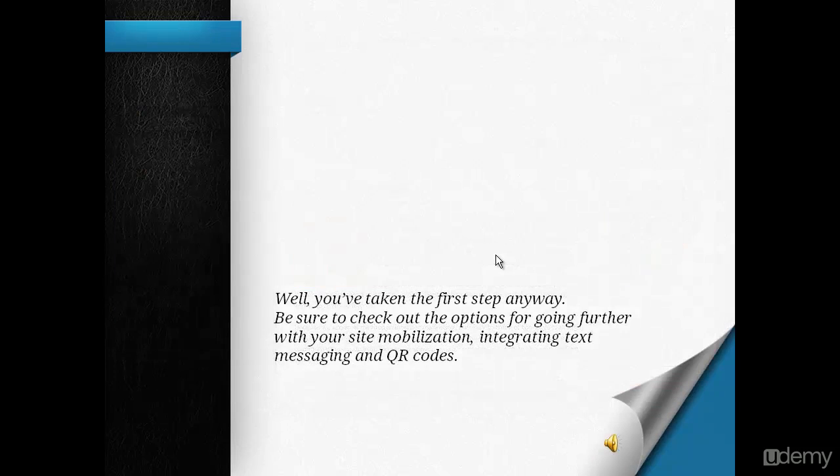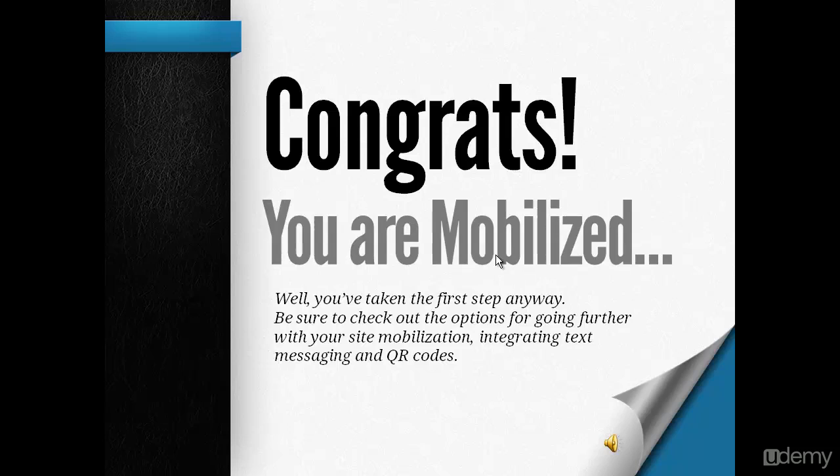So if you do this on your blog, you have now mobilized your WordPress blog, or at least taken the first step anyway. If you need a more robust site or a more robust mobilization of your site, you can use some of the other themes and options, but you may not. This may be perfectly fine. You may be great, ready to go, and it's pretty simple.